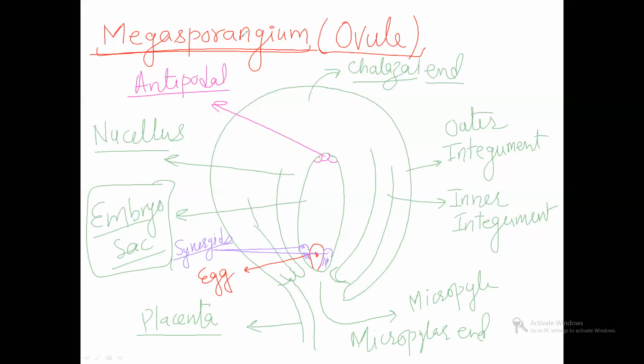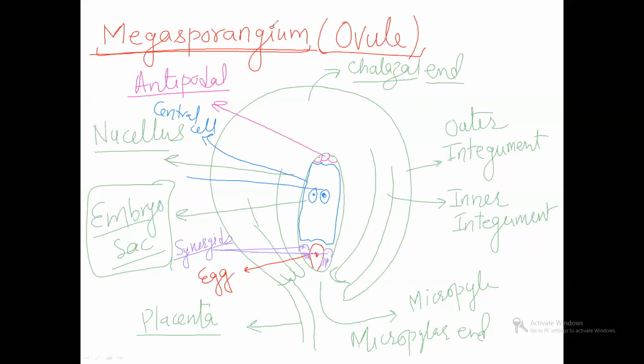And there is 1 cell located in the center, called the central cell. This central cell has 2 nuclei, and these 2 nuclei are known as polar nuclei.